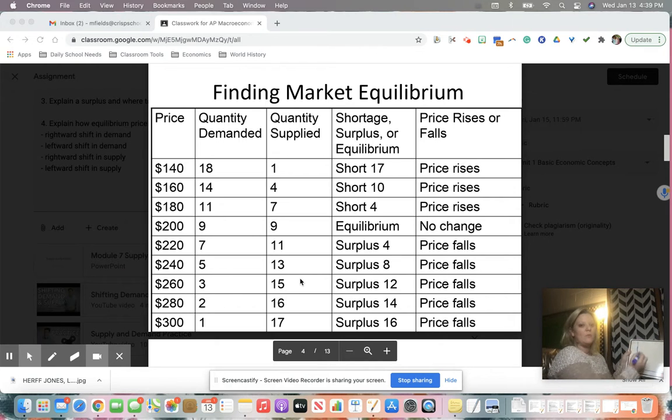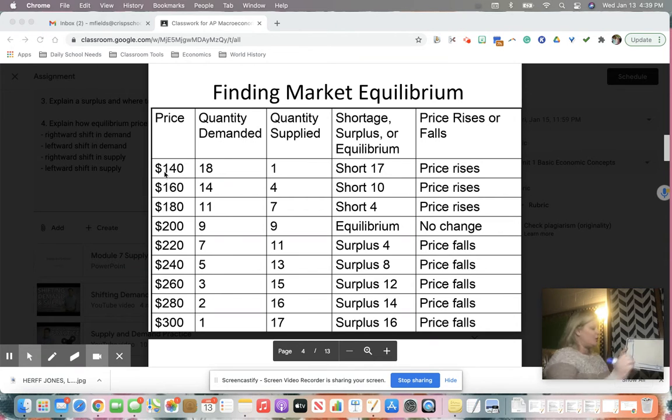So you're going to graph from $140 up to $300 on this axis, that's price. And you're going to graph from 1 to 18 on your horizontal axis, that is your quantity. And what you want to do is you want to graph all of the demand first.